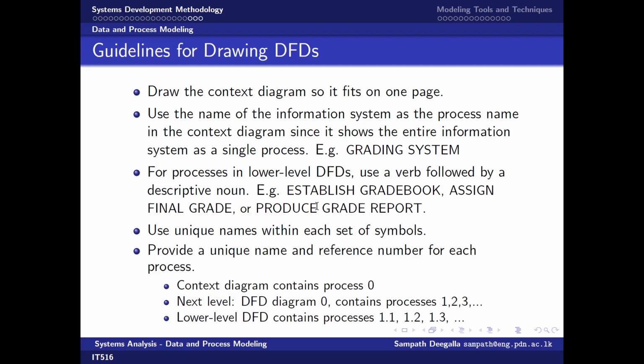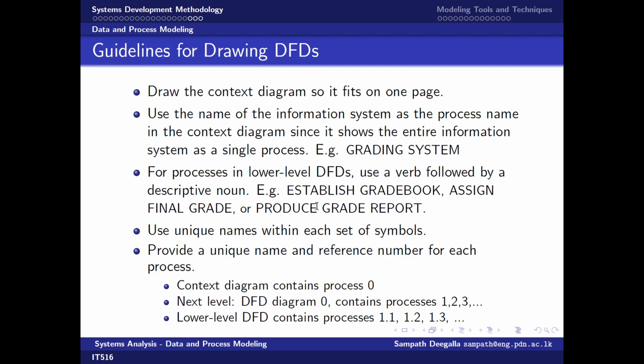Context diagram means the high level, the top level data flow diagram, right? That means in the context diagram you show how the whole system interacts with the other parts. For example, if you take the Grady system, we are going to show the Grady system and all the other processes which involve it.